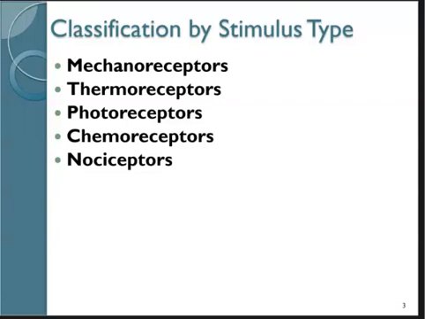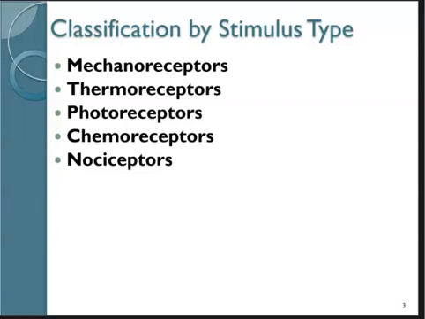Mechanoreceptors, as the name suggests, sense mechanical change, so they are for touch, pressure, vibration, and stretch. When we looked at the channels, mechanoreceptors generally use mechanically gated channels. The next one is obvious: the thermoreceptor responds to a change in temperature, sensitized by either a drop or rise in temperature.